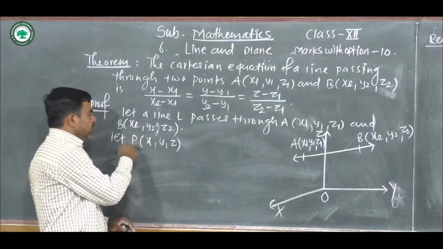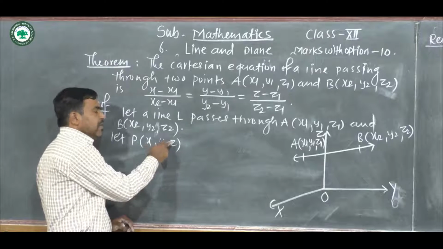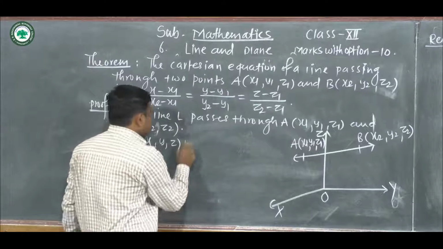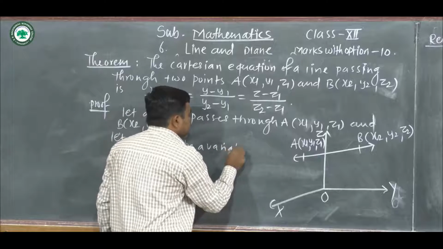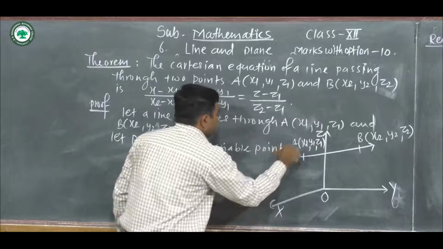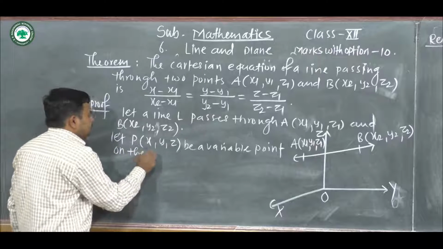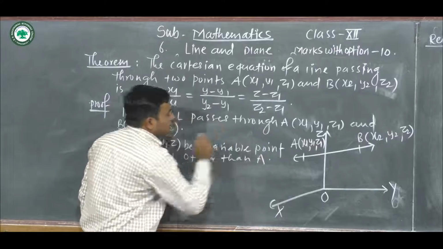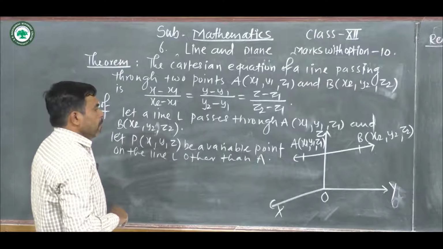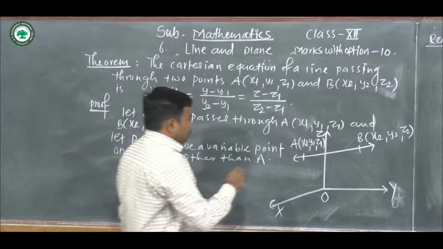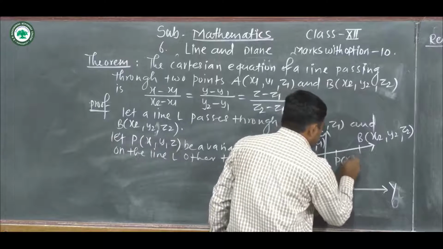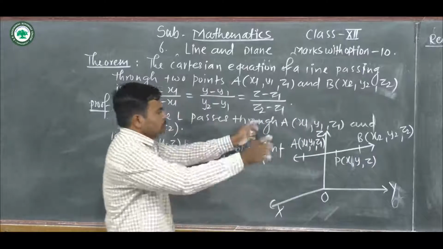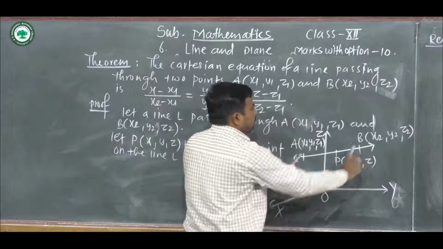Now here it is Cartesian, so we take point P with Cartesian coordinates x, y, z, be a variable point on the line L other than A, so point P is here whose coordinates are x, y, z.